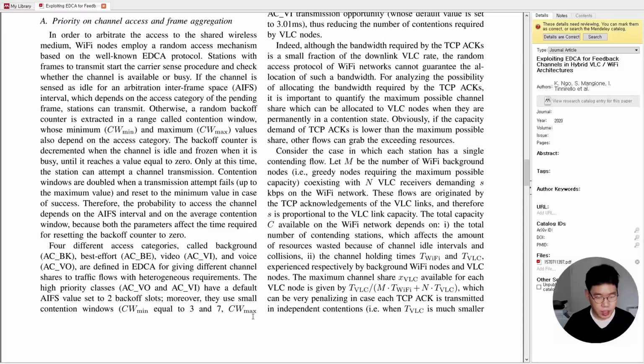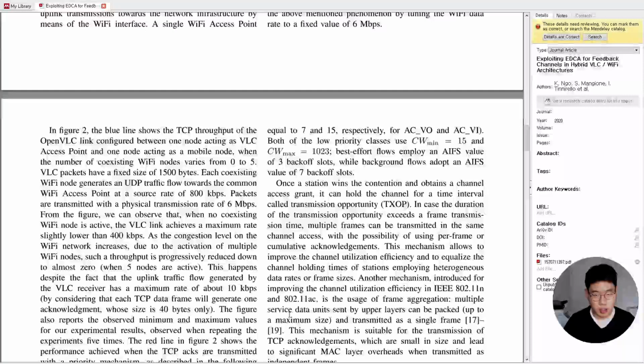Moreover, they use small contention windows, CWmin equal to 3 and 7, CWmax equal to 7 and 15 respectively. For the low priority classes, both use CWmin 15 and CWmax 1023.